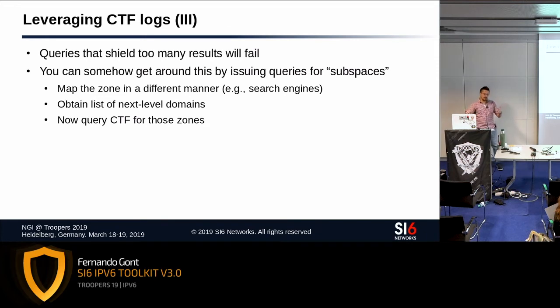So don't try to get everything at once, but actually try to get the results in pieces. Like, for example, in my country we have .edu.ar, .mil.ar, and so on. Instead of trying to get .ar altogether, you search for edu.ar, mil.ar, com.ar, and so on. And if you are partitioning the data that you are requesting, you are able to avoid the limits that the tool is enforcing.